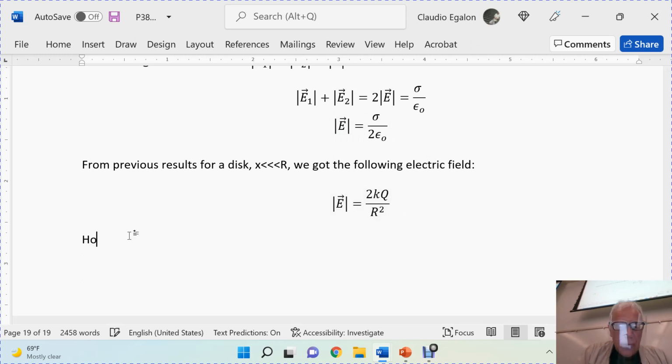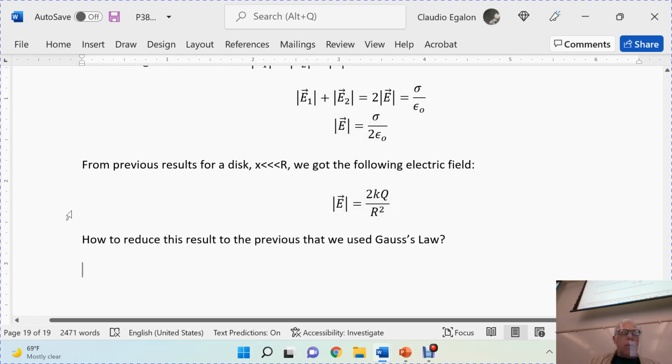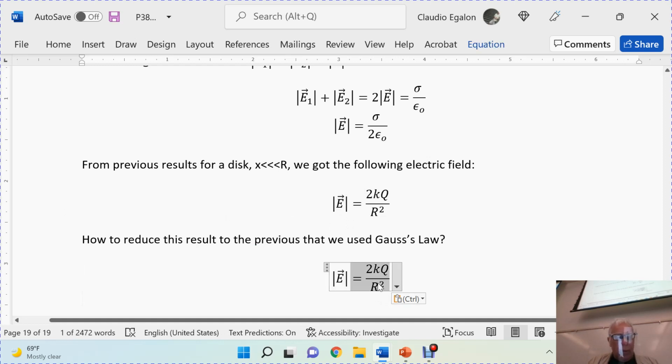Okay, so the question is how to reduce this result to the previous one that we got using Gauss's law. Well, it's not going to be that difficult. Notice that we have epsilon naught here and we have K here. So the first step is to translate my K in terms of epsilon naught. And then we worry about the rest later on.